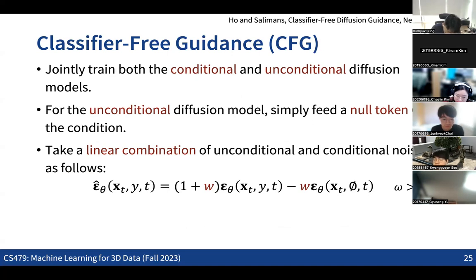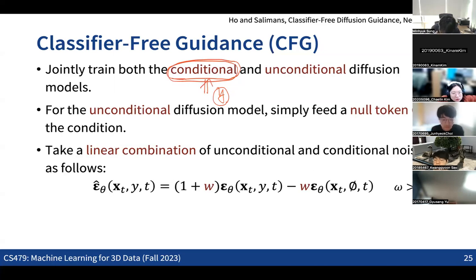The basic idea of making both simultaneously is that we are just making one model. Since we are taking the time step t as an extra input in the noise prediction, we can also take any kind of conditional information, let's say the class labels, as an extra input. So we modify the architecture of the noise predictor to make a conditional diffusion model, taking the class label as an extra condition.